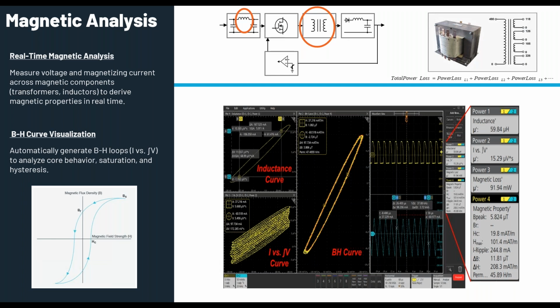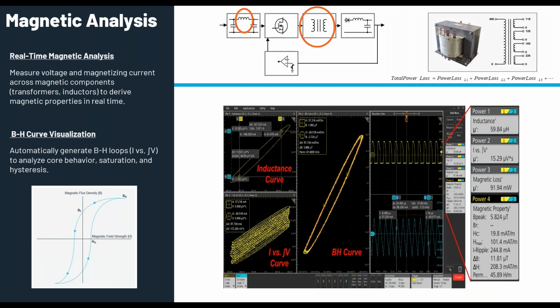We have some specialized tools in the oscilloscope to capture the voltage and current across the magnetizing coils, and then by using the number of turns, the total magnetic path length and the cross-section area, we can get a nice BH curve to look at the maximum flux density and the permeability.